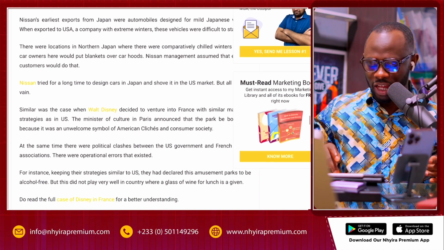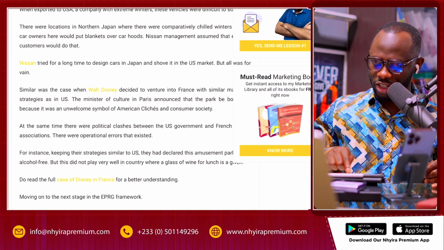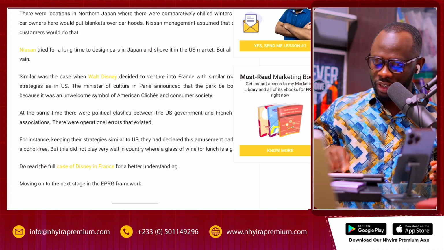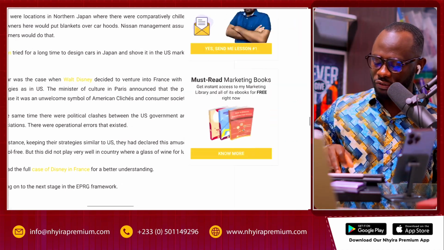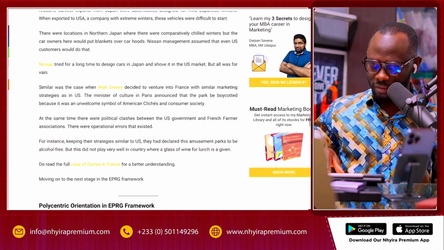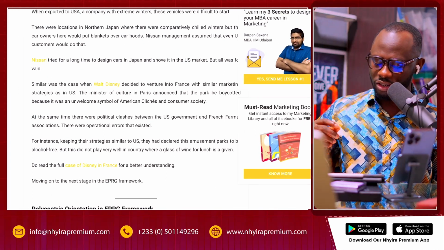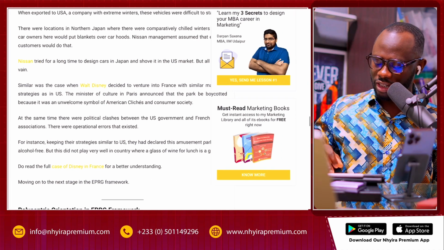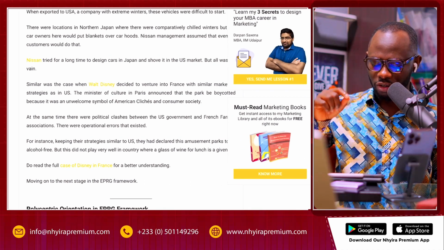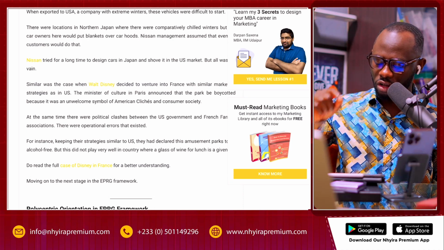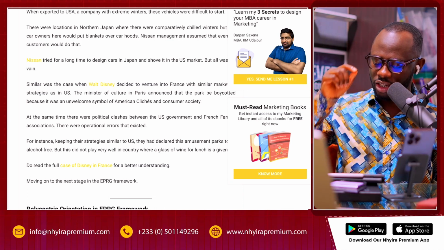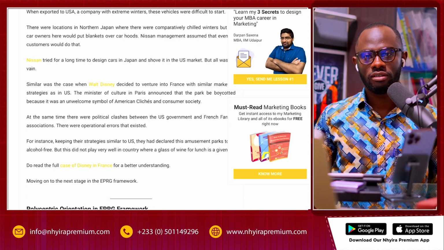Another example, similarly, was the case of Walt Disney, which decided to venture into France with similar marketing strategies as in the US. The Minister of Culture in Paris announced that the park will be boycotted because it was an unwelcome symbol of American cliches and consumer society.